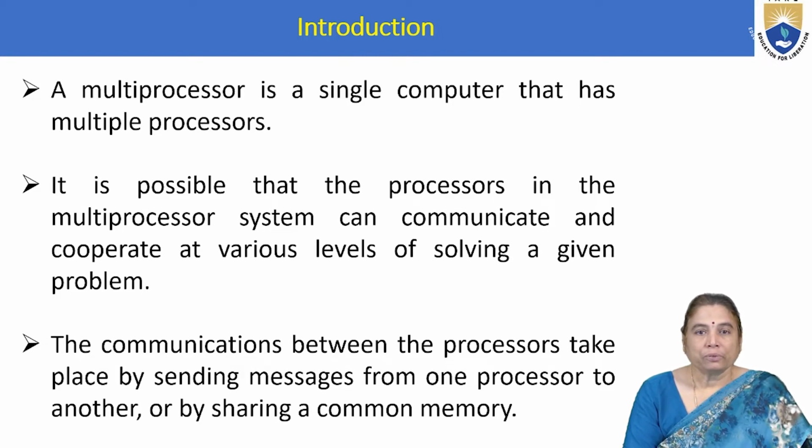A multiprocessor is a computer that has multiple processors. A single computer with multiple processors can generally be referred to as a multiprocessor system. The processors in the multiprocessor system can communicate and cooperate at various levels in solving a given problem. An instruction is generally executed in steps.